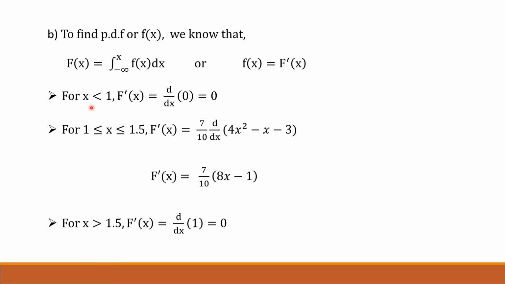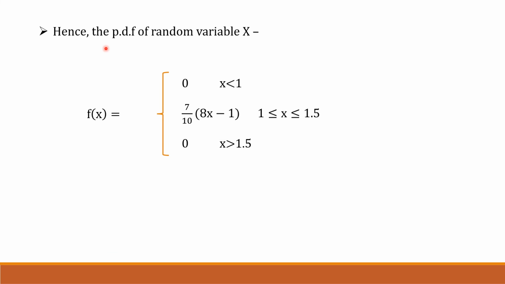So in the subintervals of x less than 1 and x greater than 1.5, F dash is 0 because F is constant there, and for the subinterval of x 1 to 1.5, we take the derivative of this quadratic polynomial and we get our F dash x is equal to 7 by 10 into 8x minus 1. So finally we have calculated the PDF of random variable x over all the subintervals as shown here.